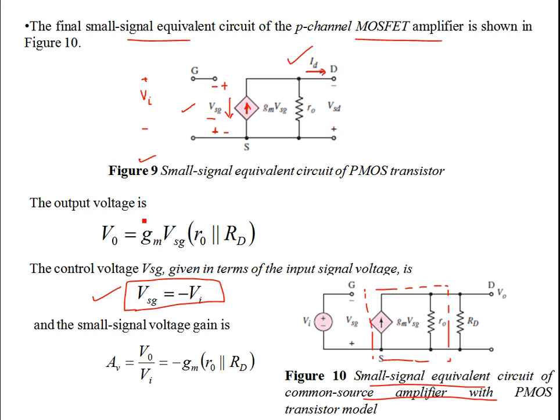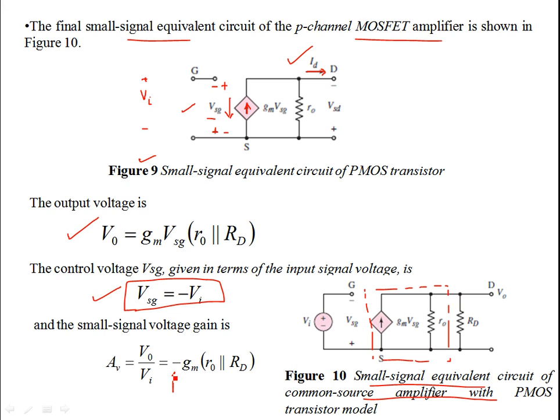So again, the output voltage is given by gm VSG, and then you have this R0 in parallel with the RD. Since VSG is minus VI, the voltage gain still consists of the phase reversal.